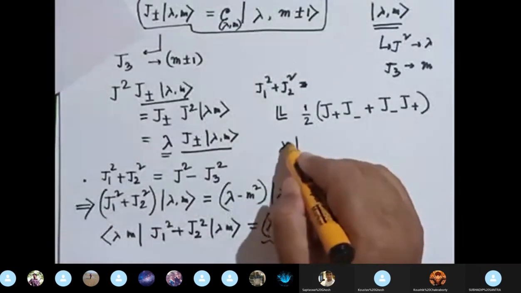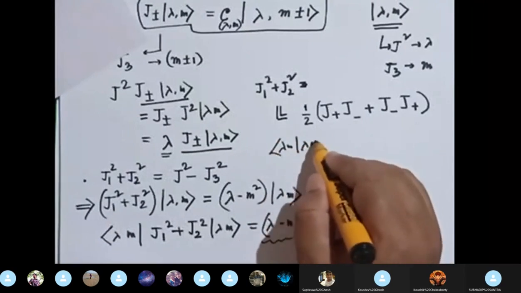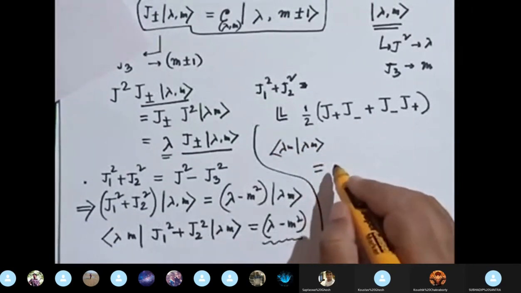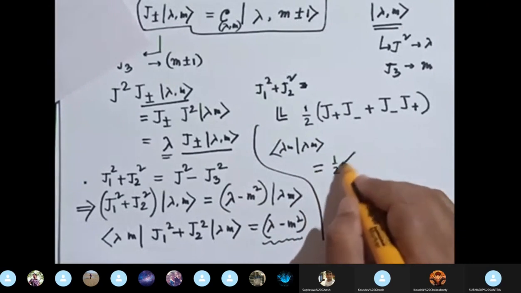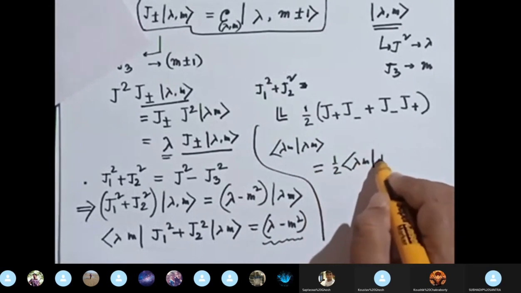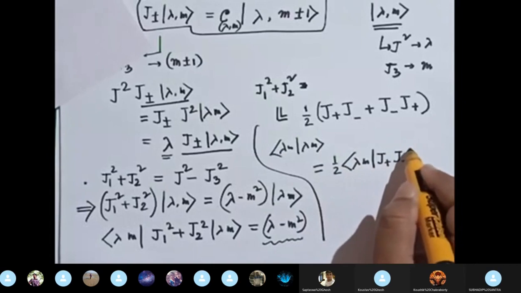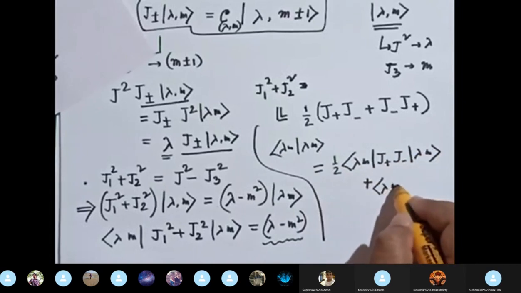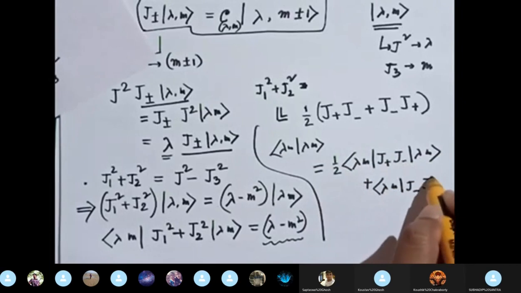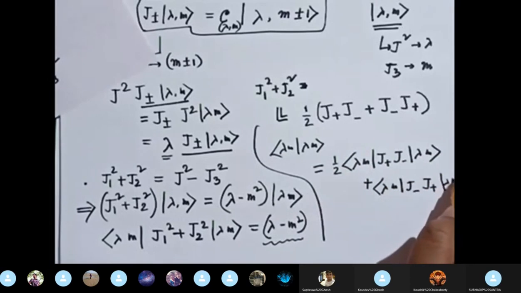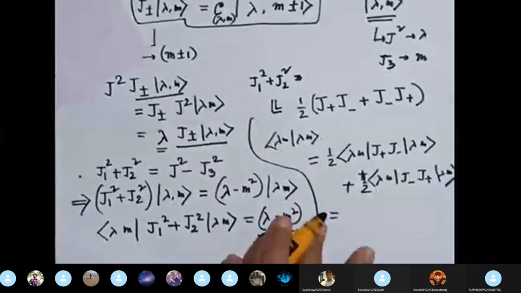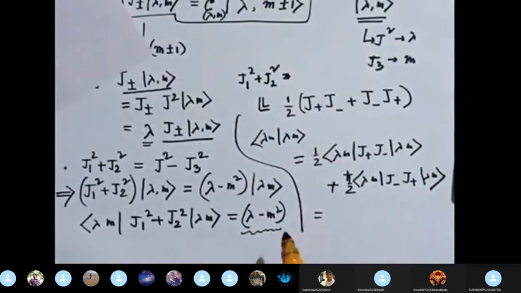Now if we operate on lambda m, it becomes easy to prove. Then it becomes lambda m J plus J minus lambda m plus lambda m J minus J plus lambda m. Clear?